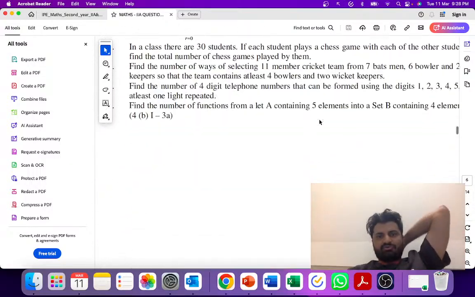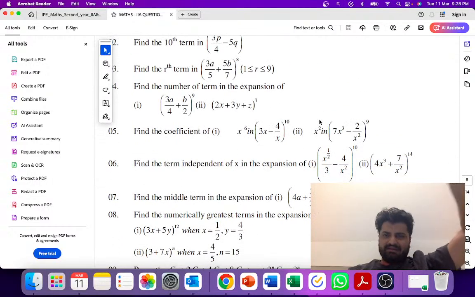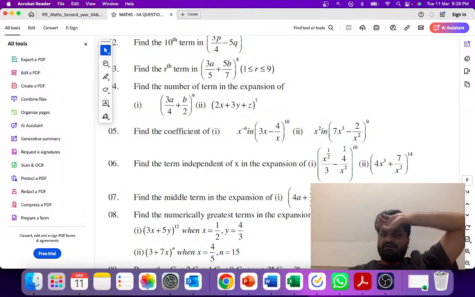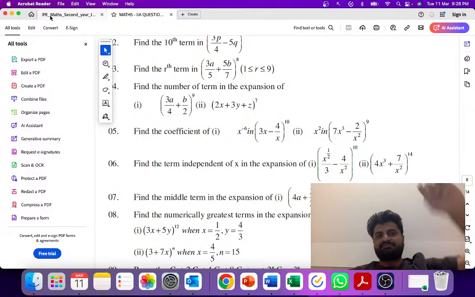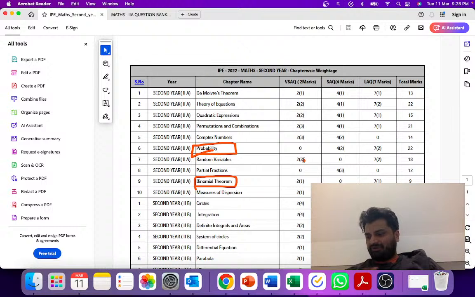You all know what type of questions will be asked. So just be thorough, maintain neatness, try to attempt all questions. The trickiest chapters in this, I would say, are binomial theorem, where you might be asked tough questions, and probably in probability they might ask one or two tough questions. But wherever I'm looking, I'm not seeing any twist they can give. All are easy.